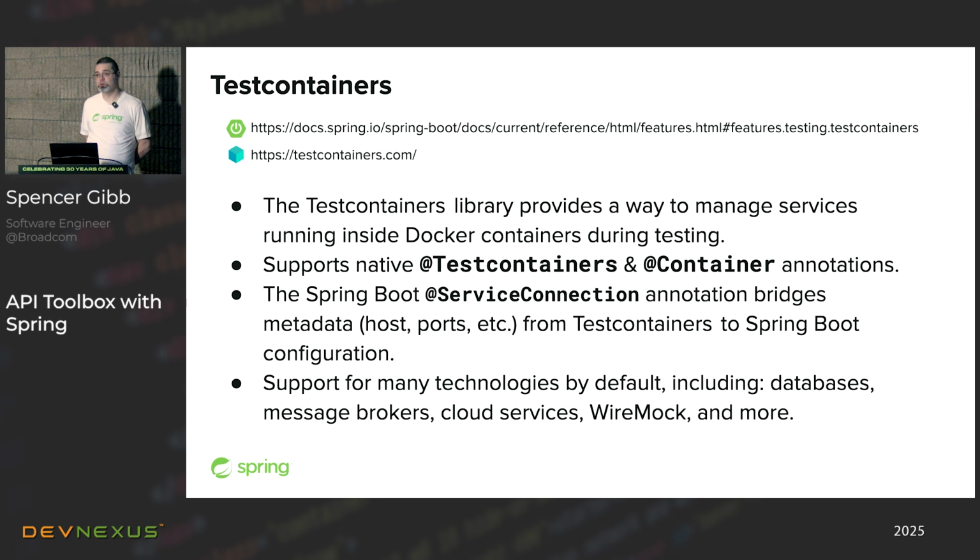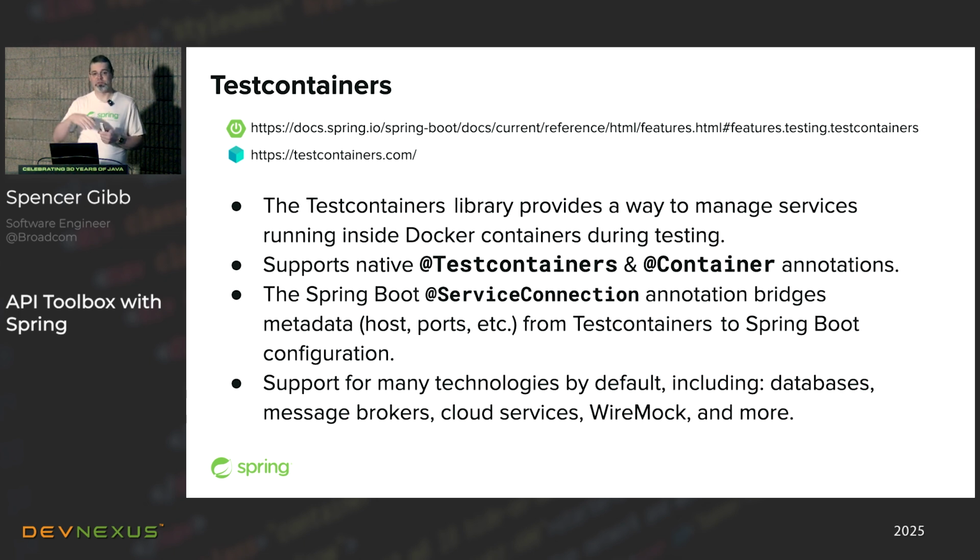The other thing that Spring Boot provides is, typically for a Spring Boot test, you would have Testcontainers and you would run your tests that way. But when you're building an application, you're not just typically running tests. You want to run your actual app with backing services.